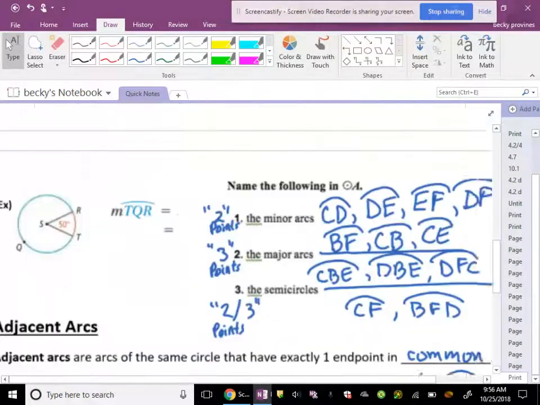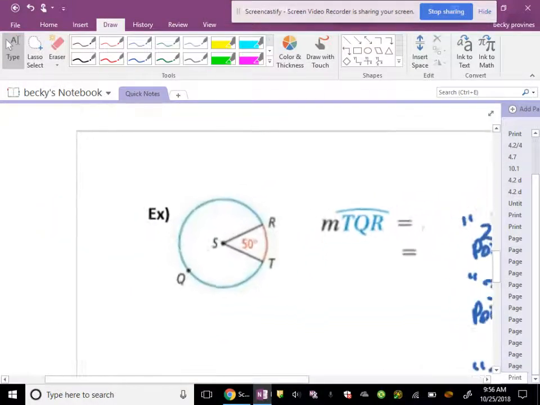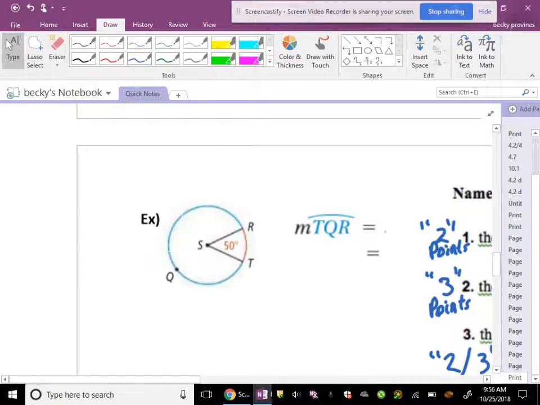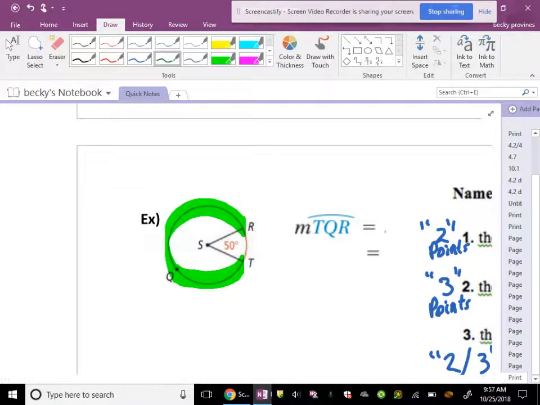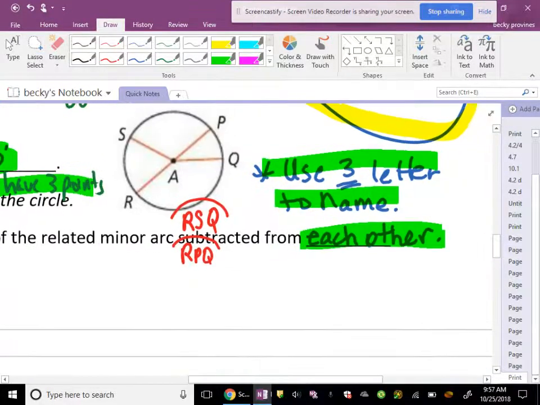Okay, so let's start way over here. What is the measure of T, Q, R? So there's no confusion, you know I want a major arc. Now, remember, this central angle and arc RT are both 50. So to find the rest of it, this is kind of what this sentence back here was talking about.